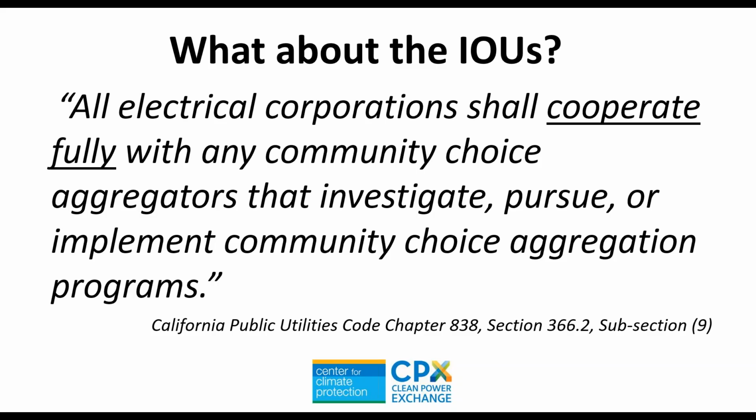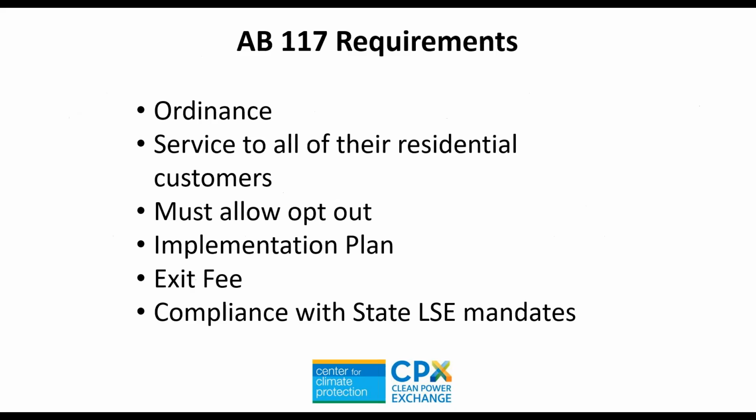So things are sort of evolving, and there's a lot more comfort and collaboration with the community choice agencies. They are also partnering on projects and programs. So things are getting interesting. You can go to the next slide.